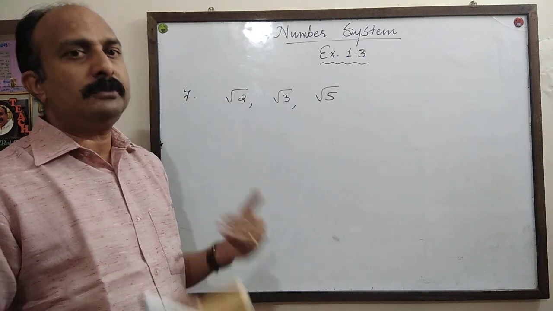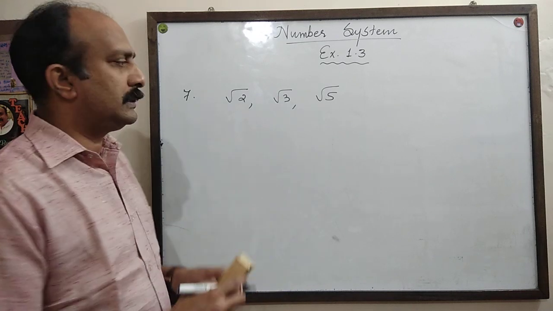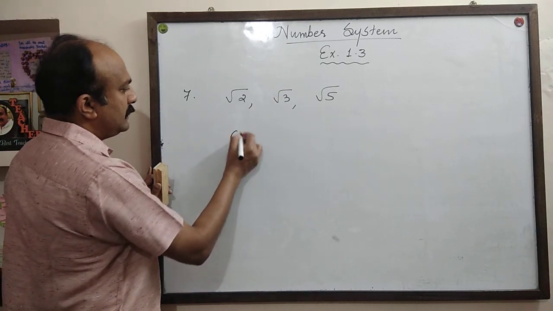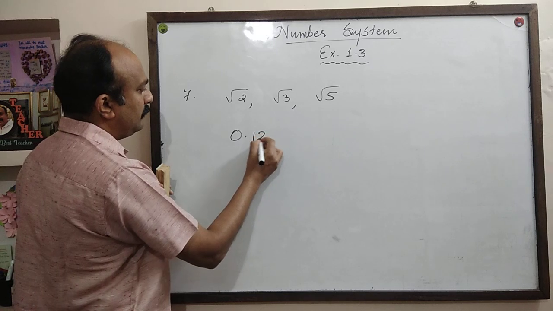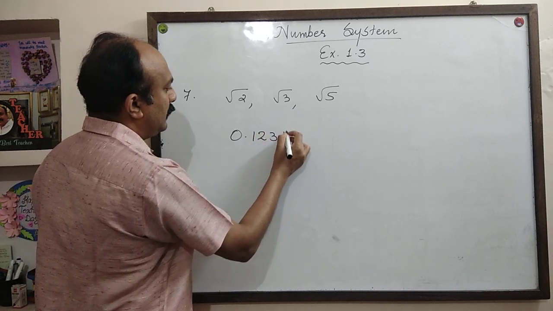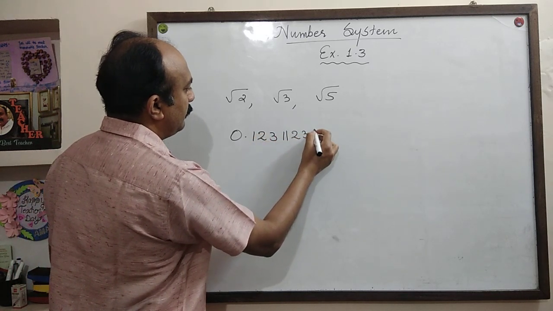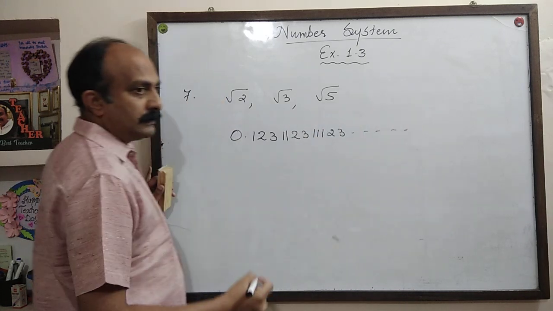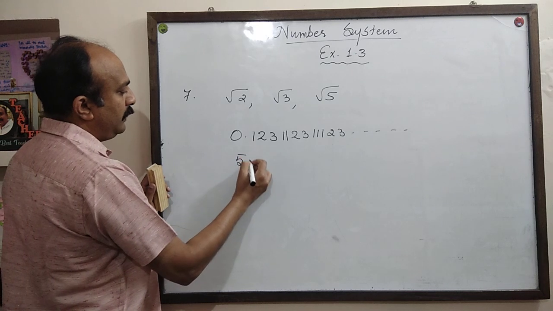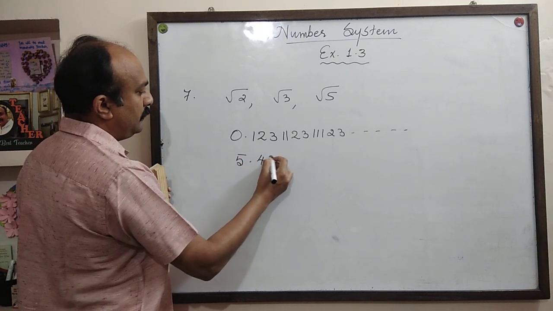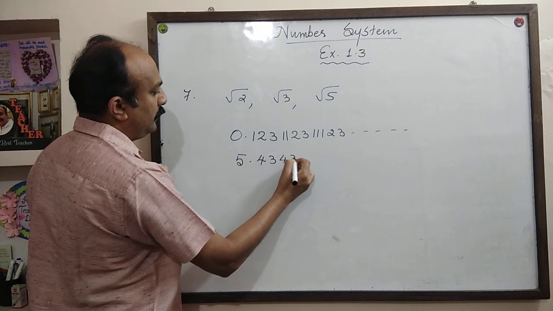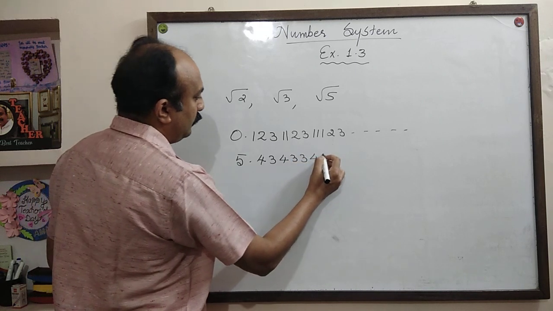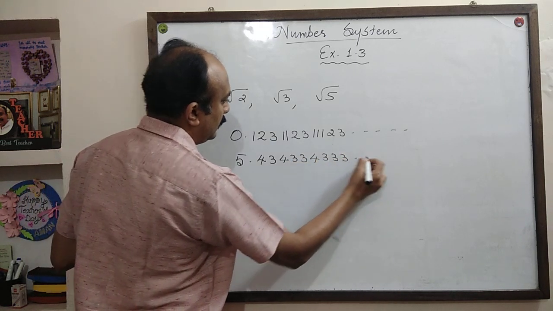In decimal form also I am giving you the answer of this question. Say for example 0.123, 0.1123, 0.11123 and so on, 5.43, 5.433, 5.4333 and so on.